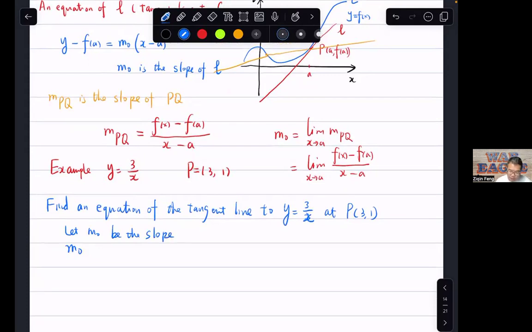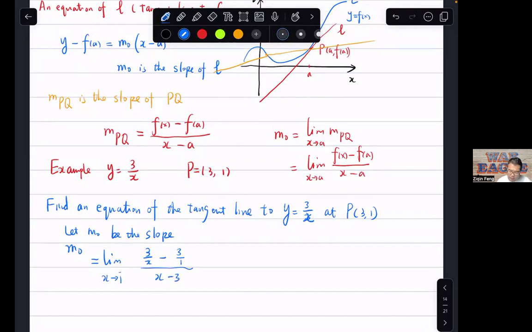Then m0, by our discussion here, is the limit as x goes to 3, sorry, x goes to 3, because our value of a here is 3, of f of x minus f of a, which is 3 over x minus 3 over 3, over x minus 3.